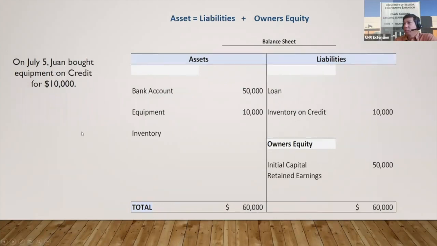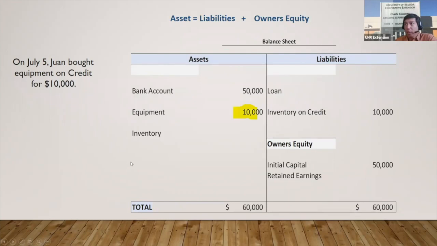On July 5th, Juan bought equipment on credit. So if I buy equipment on credit, it is an asset of $10,000. But I didn't pay it out of my bank account.